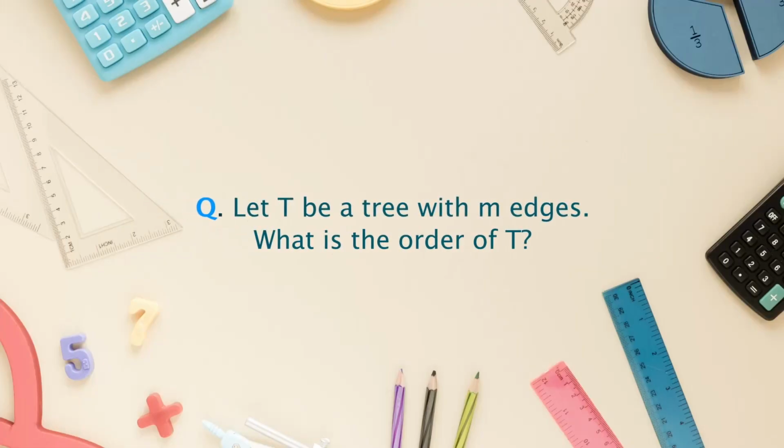The next question is, let T be a tree with m edges. What is the order of T? To answer this, you just remember that a tree on n vertices has exactly n minus 1 edges, right?